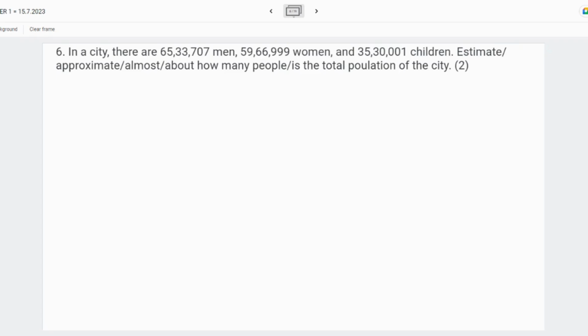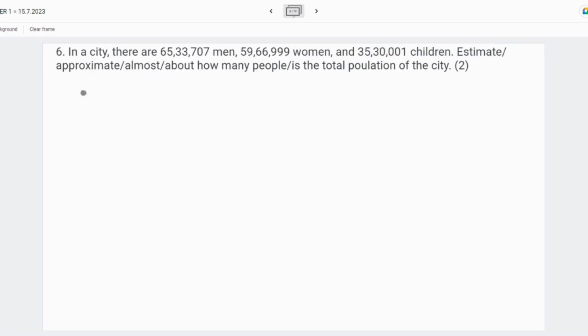So do not miss the clue given in the question, or any cue that tells you what you have to find out, and what you need to do with the numbers that are given.